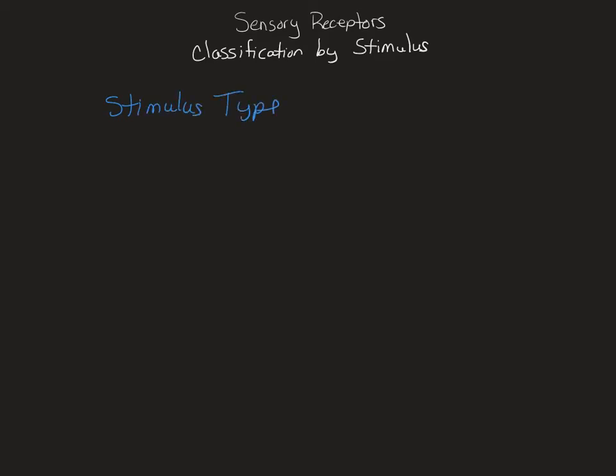Okay. We've got major categories. You have mechanoreceptors. And I want you to focus on this part of the word, mechanical. This is talking about the shape of the cell. If you change the shape of the cell, it will pick up a signal. So we're going to change the shape by pushing on it or tearing it.